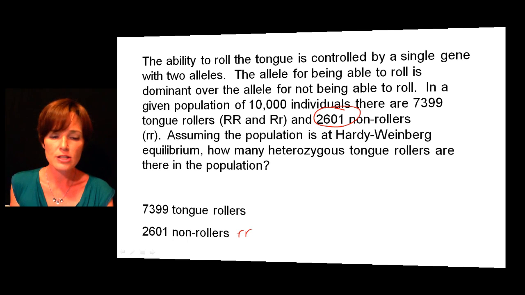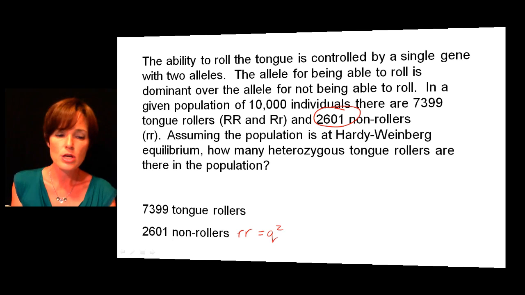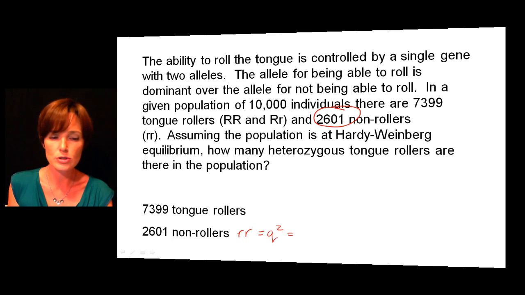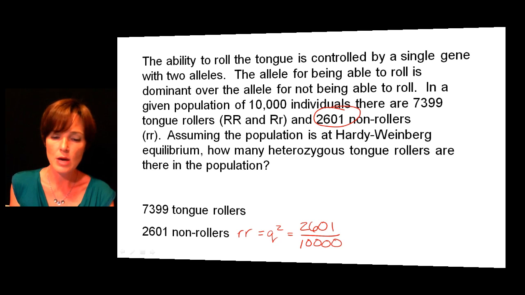And remember that little r is basically q squared. So our total population is 10,000. So q squared is equal to 2,601 over 10,000. That would give us the frequency of that particular genotype.